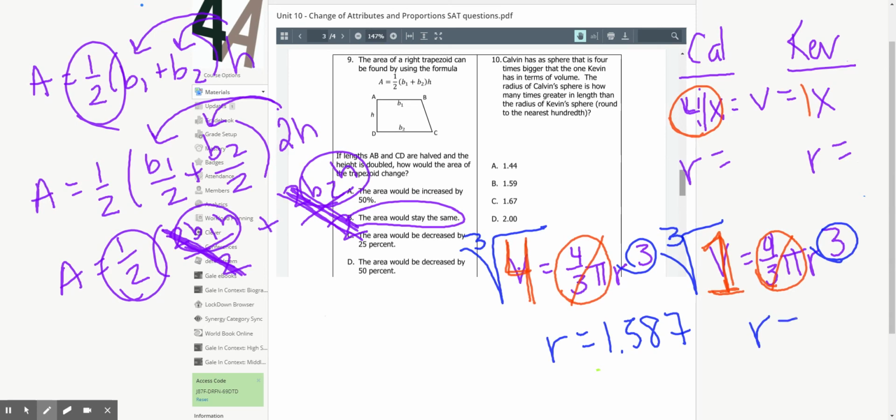Then r equals 1. So Calvin's radius is going to be 1.587, and Kevin's radius is going to be 1. So the question was again, how many times greater in length is the radius than Kevin's sphere? Voila, I think our answer is right there.